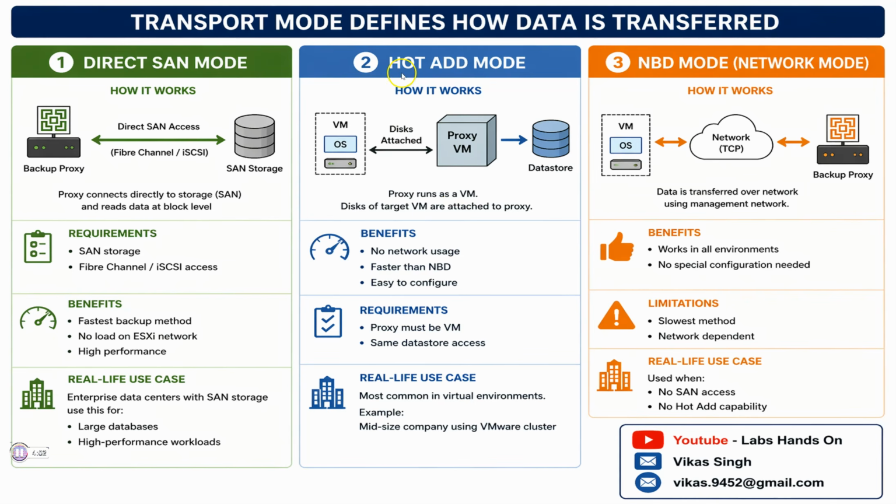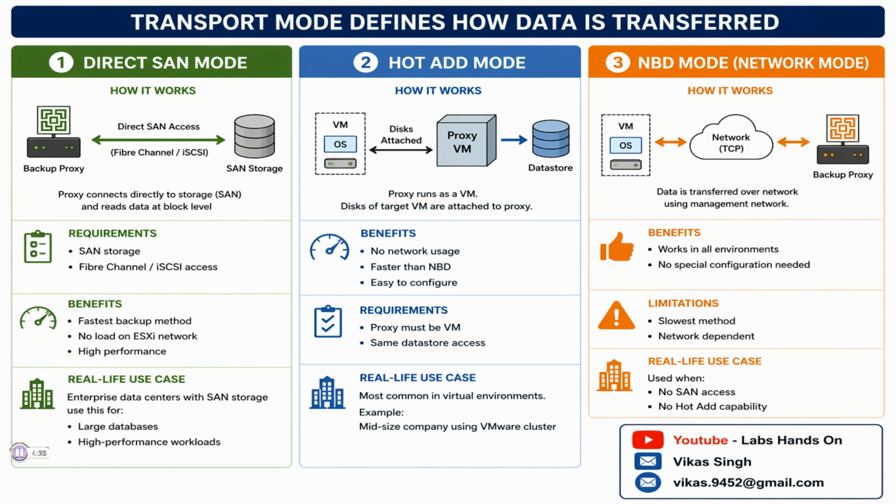The second one is hot add, which is very common in virtual machine environments. In this method, the backup proxy itself runs as a virtual machine, and during the backup, the disks of the target VM are temporarily attached to the proxy VM.